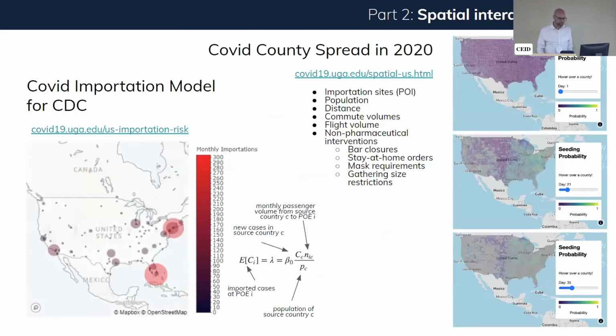We also use this in the United States at the county scale to understand the spread of SARS-CoV-2 in the summer of 2020. This is the same kind of thing that I could imagine we would do for JEV.